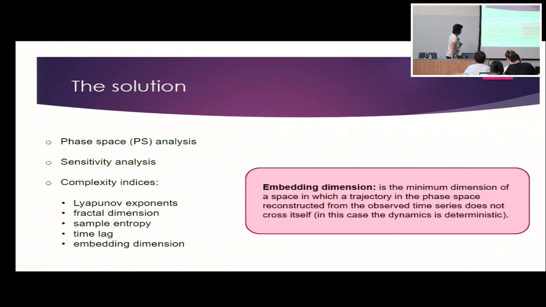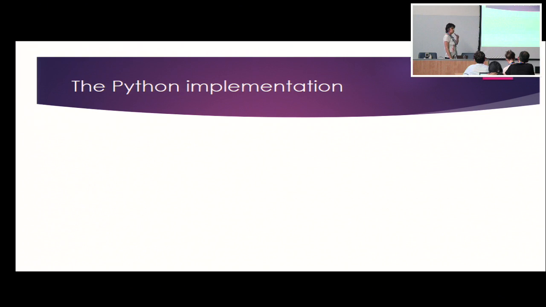And then I have the embedding dimension. This is an even more sophisticated index. By embedding dimension, we mean the minimal dimension of the phase space in which trajectories of the dynamics do not cross themselves. So the minimal space in which the dynamics is still non-affected by chaos, essentially. It's not so complex, so irregular.